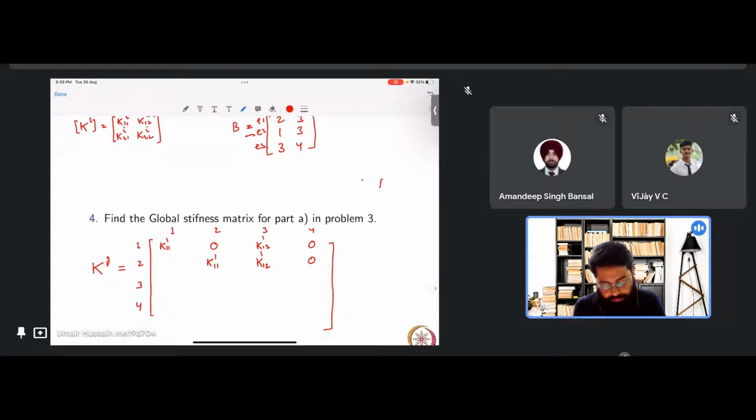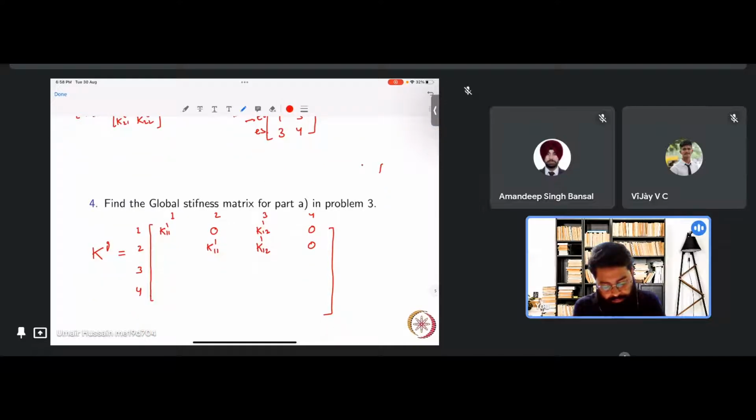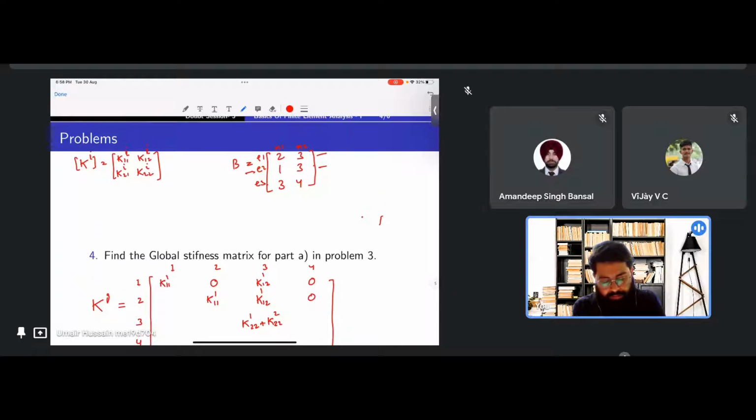For 3 3 we have contribution from two terms. So 3 is present in 2 elements, here and here. So we have from 1 and 2, and 3 is always the second node, so we have K2 2 every time. This one is from 1 and this one from 2. And 3 4, do we have connectivity between 3 4?